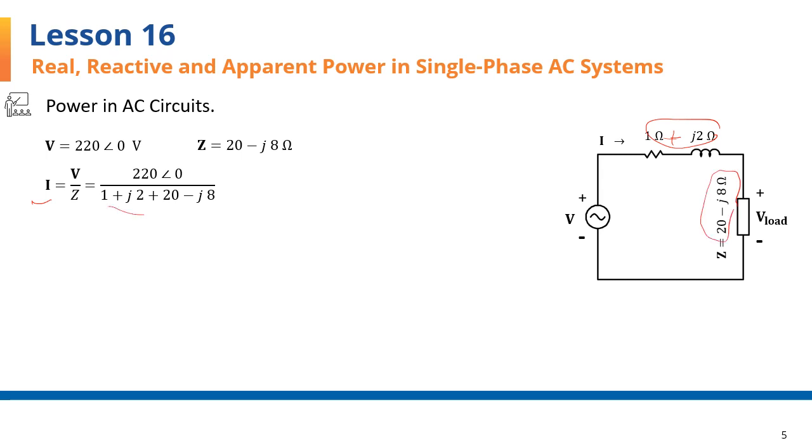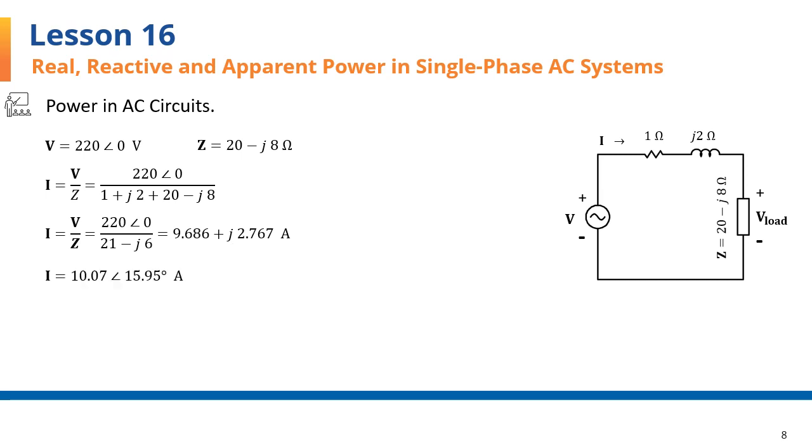You see that sum in the denominator. Simplifying, I get 220 with 0 over 21 minus J6, and that comes to this complex value for the current phasor, and converting that into polar format gives me 10.07 amps with a positive 15.95 degree angle.